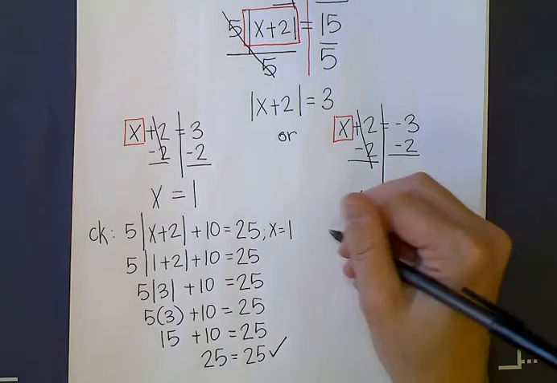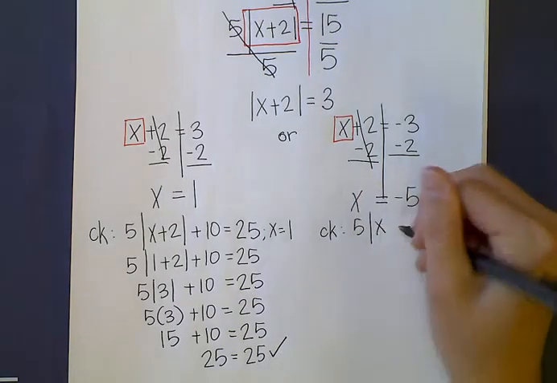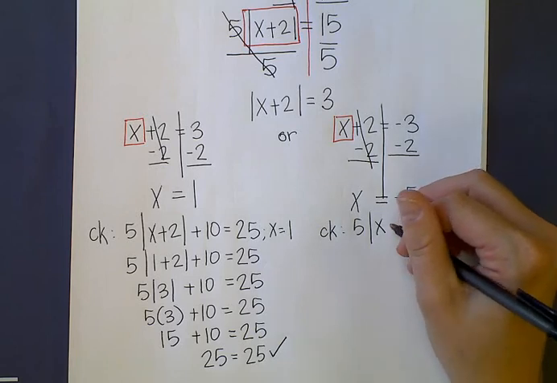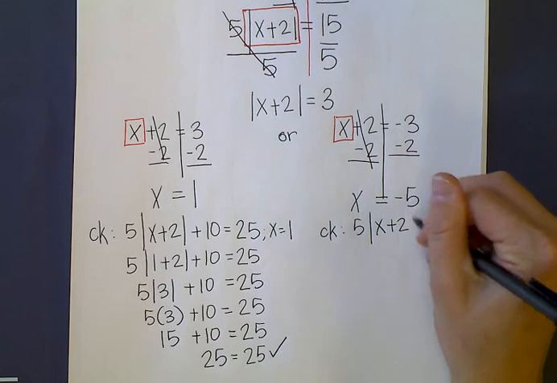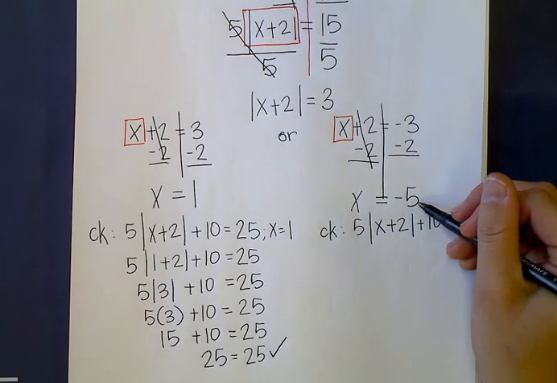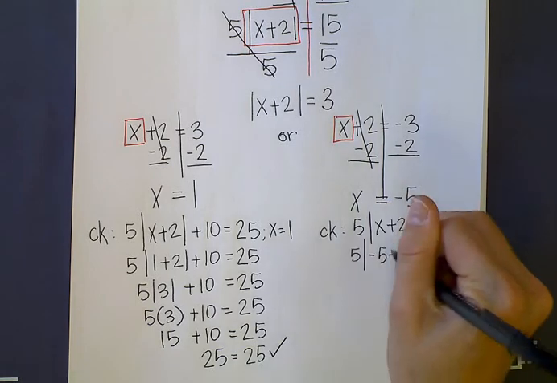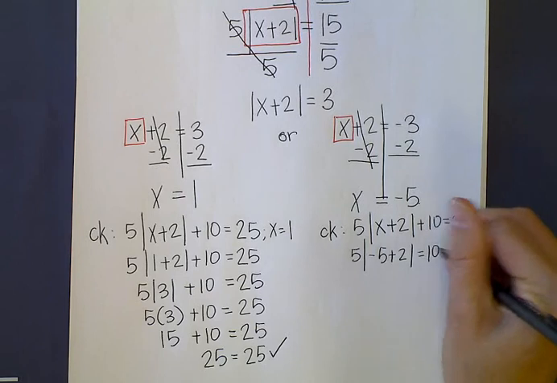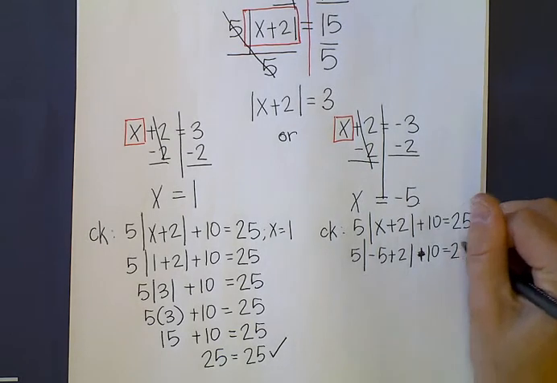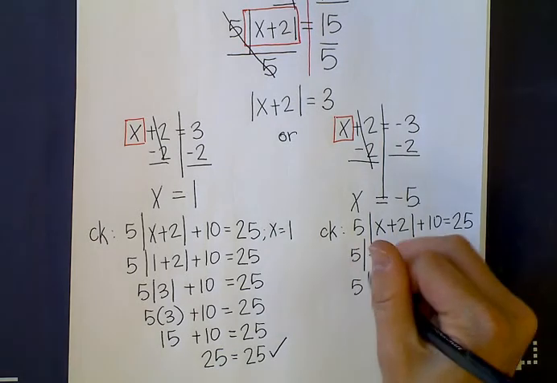To check our solution for the second equation, I again use my original equation. 5 times the absolute value of the quantity x plus 2, plus 10 equals 25. This time I'll plug in negative 5. Negative 5 plus 2 is negative 3.